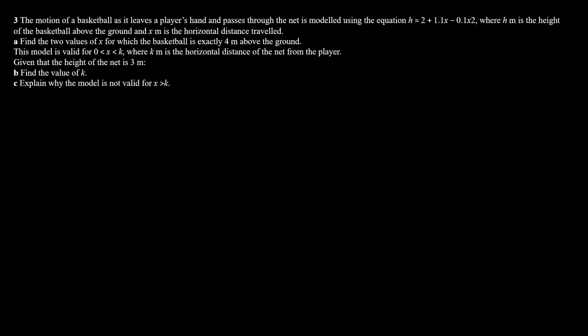Let's solve another problem. The motion of a basketball as it leaves a player's hand and passes through the net is modeled using the equation h is equal to 2 plus 1.1x minus 0.1x squared, where h is the height of the basketball above the ground and x is the horizontal distance traveled. Let's draw a diagram.